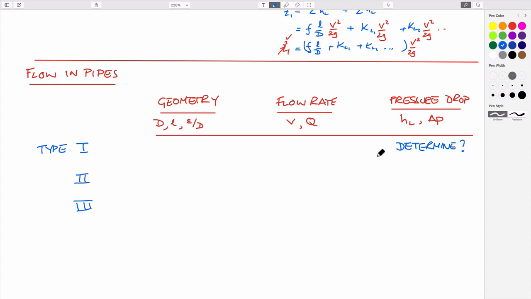So this is what we want to know. And so we would need to know these other components to be able to do that. In type 2 problems, what we want to determine is flow rate. In type 3, we want to figure out the geometry. And in each case, you'd need to know the other components to be able to solve for that.